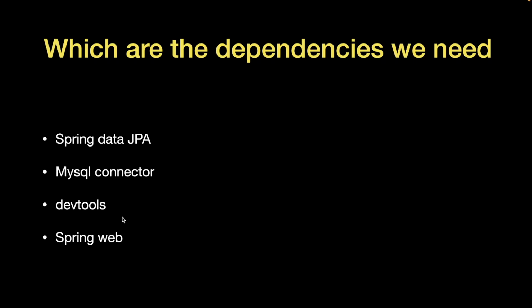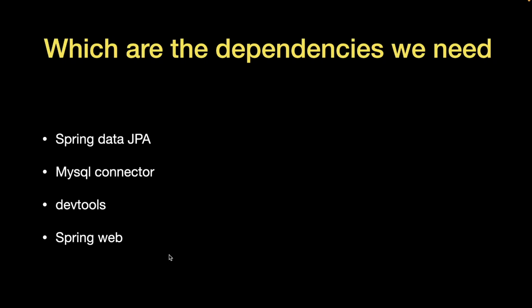So we can add the DevTools dependency. After that, MySQL connector, because I am going to connect my application to MySQL, and here we are going to use Spring Data JPA. So that's the reason we need the Spring Data JPA dependency. So these are the dependencies which are required to create our project.